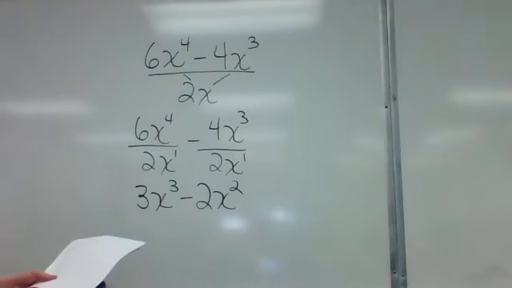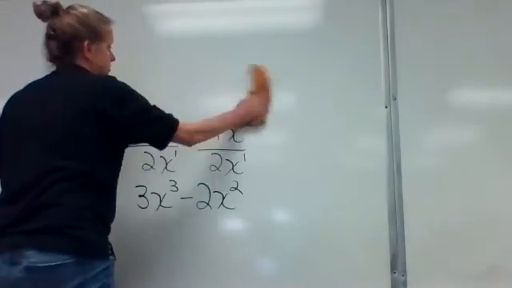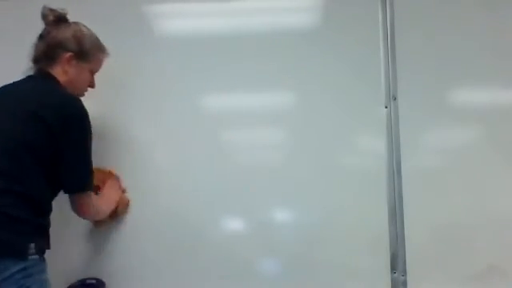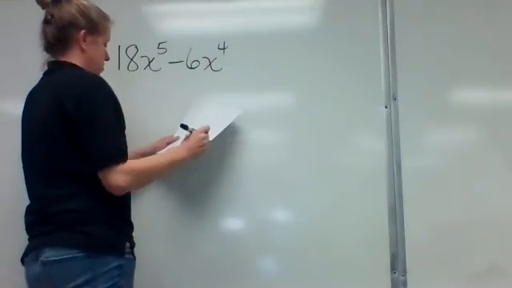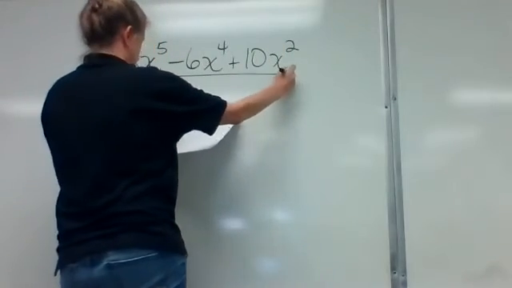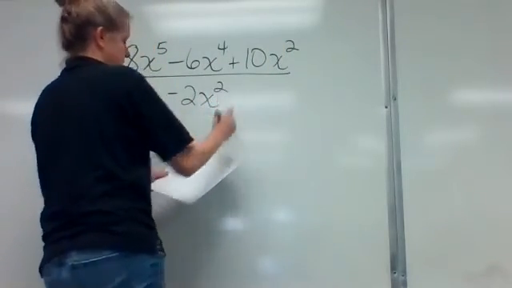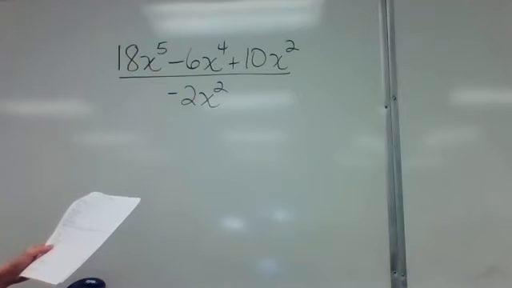All right, number 17, same kind of problem. 18x to the 5th minus 6x to the 4th plus 10x squared over negative 2x squared.